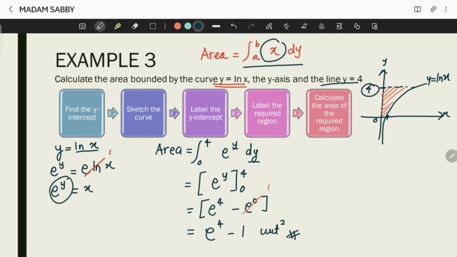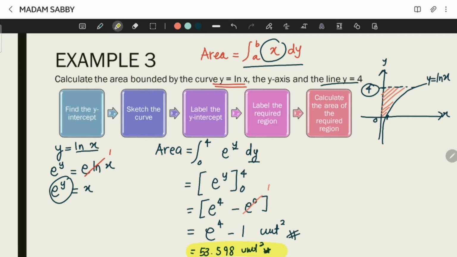You can also use a calculator to convert it into a decimal number. e to the power of 4 minus 1 is equivalent to 53.598 unit square. So that is the answer.